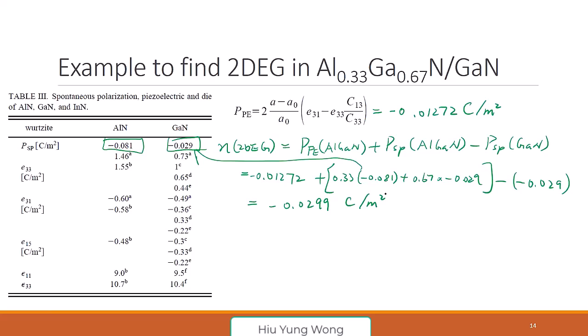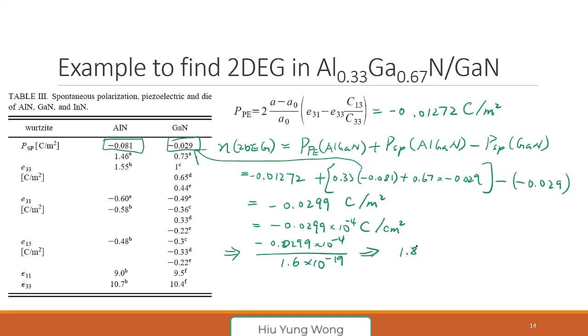Let me know. But the last point I want to tell you before the end is this is Coulomb per meter square. We usually convert it to times 10 to the power negative 4 per cm square, and then divide it by q: negative 0.0299 times 10 to the power negative 4, divided by 1.6 times 10 to the power negative 19, to get 1.87 E13 per cm square.